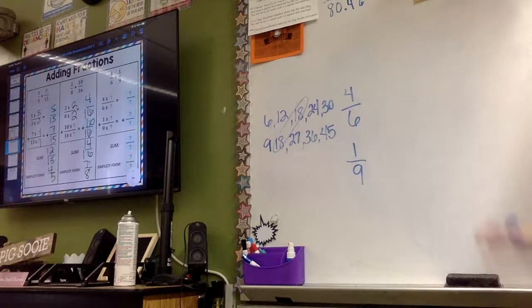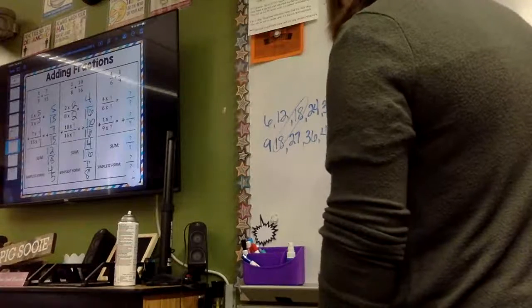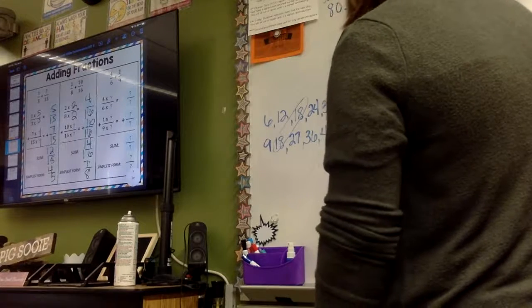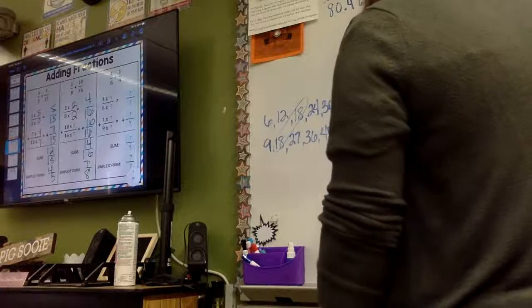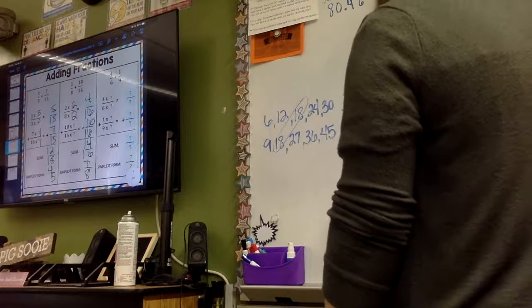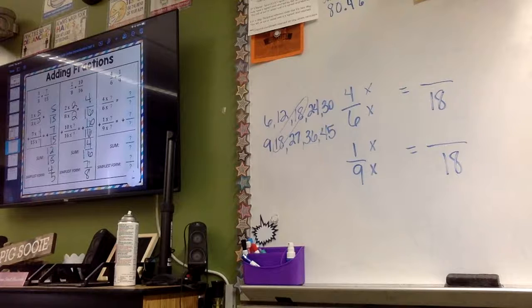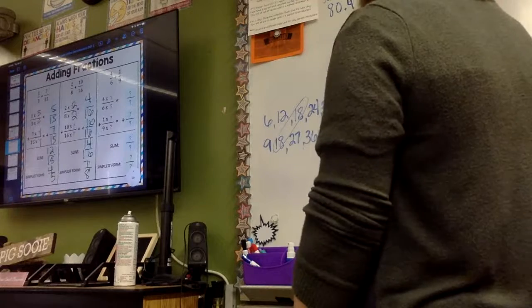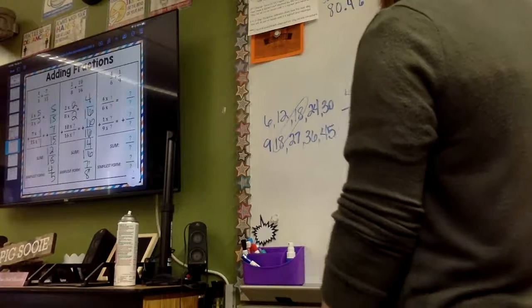18. All right. So go back to my 18. 6 times what gives me 18? 3, right? So that means I got to do this by 3.